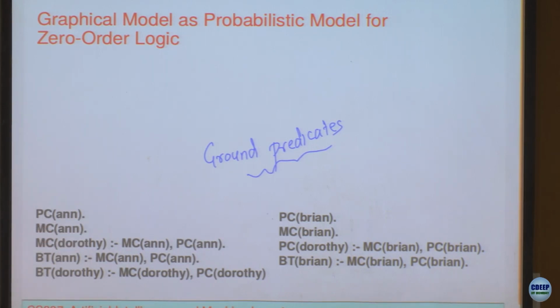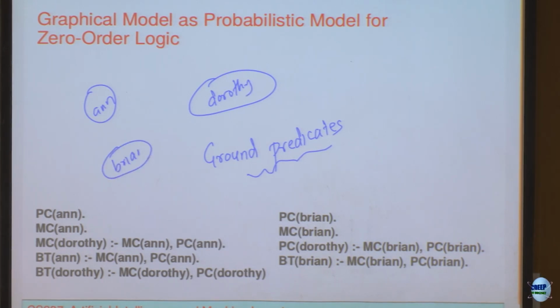So we are basically talking about Anne, Dorothy, and Brian, and you are told that Brian has some father chromosome, and Brian also has some mother chromosome.